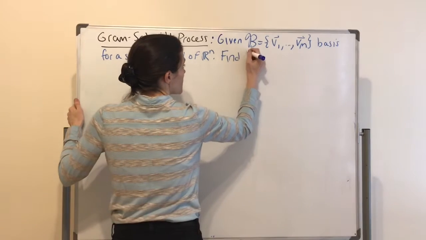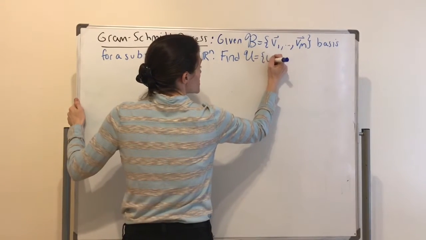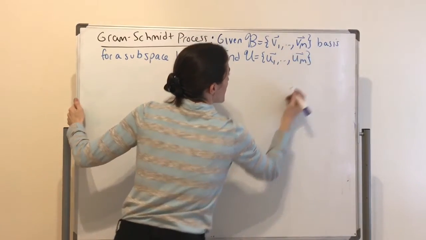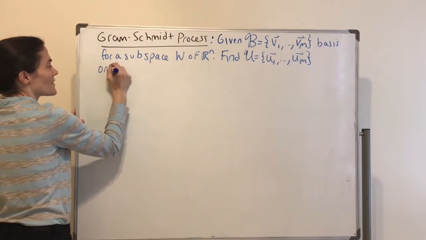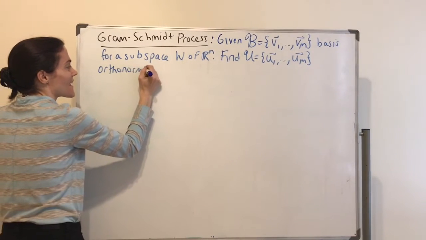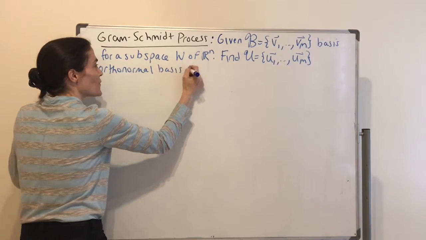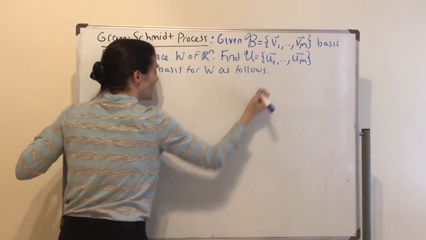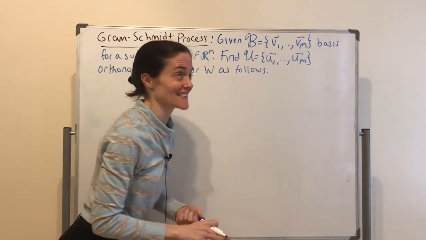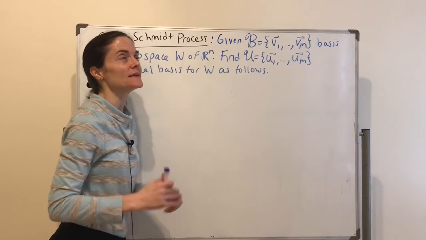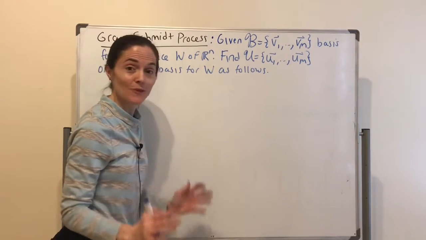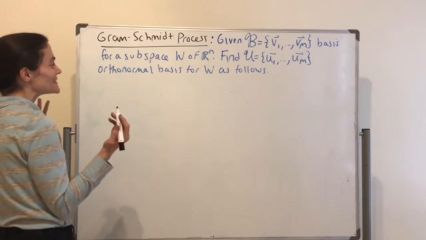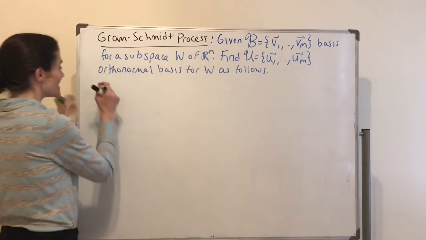We will find U, which is U1 to Um, an orthonormal basis for W, as follows. Okay. Well, guess what? It's exactly what we've just done, except sometimes you have more than 3 things in a basis for W. Okay, so maybe I'll do this in steps and I will try to color code them.